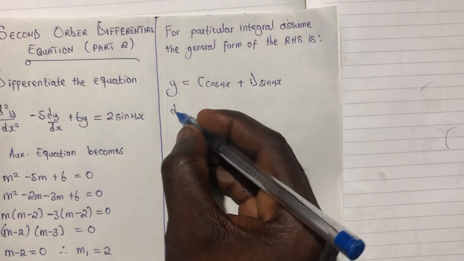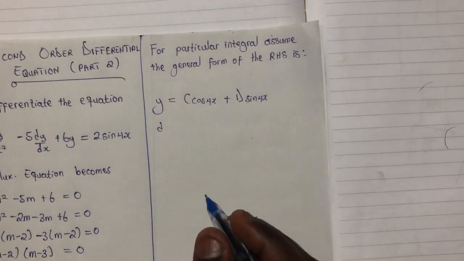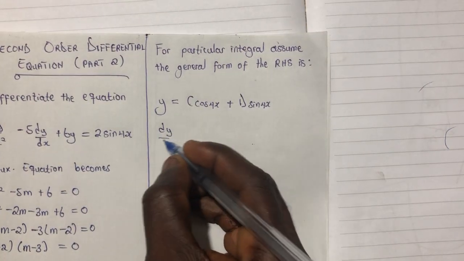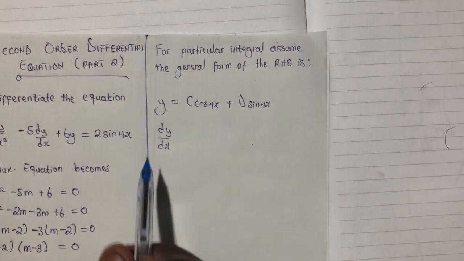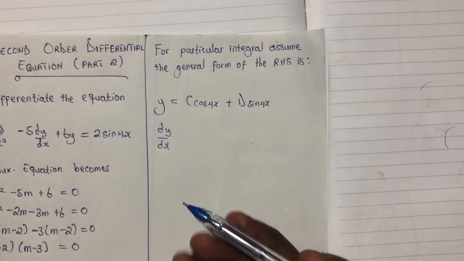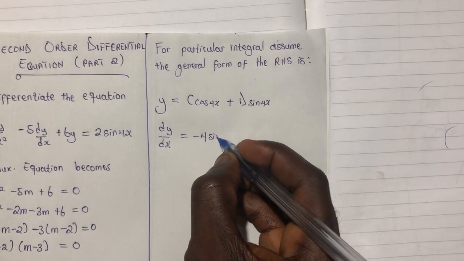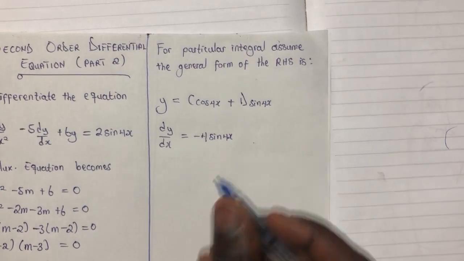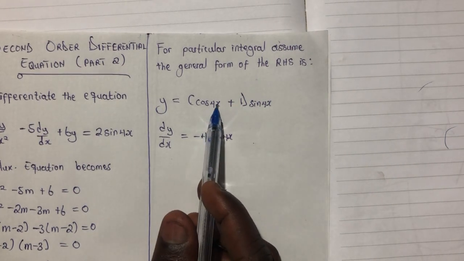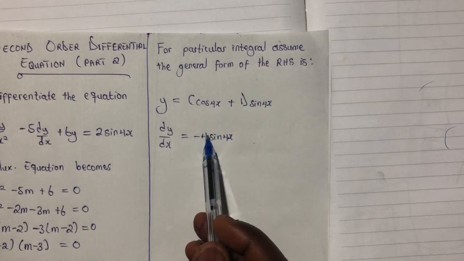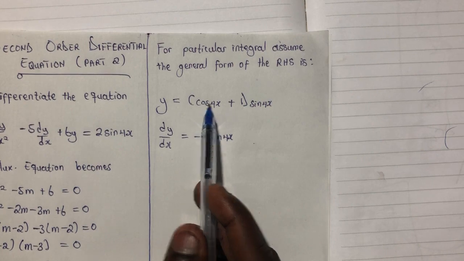So I'll write my dy/dx, because I'm differentiating y with respect to x, will give me minus 4 sine 4x. And I said that differentiate 4x, you get 4. Bring it out. Differentiate cos, you get what?